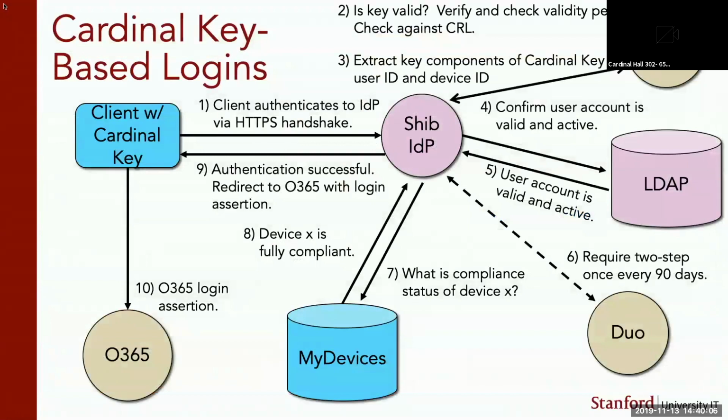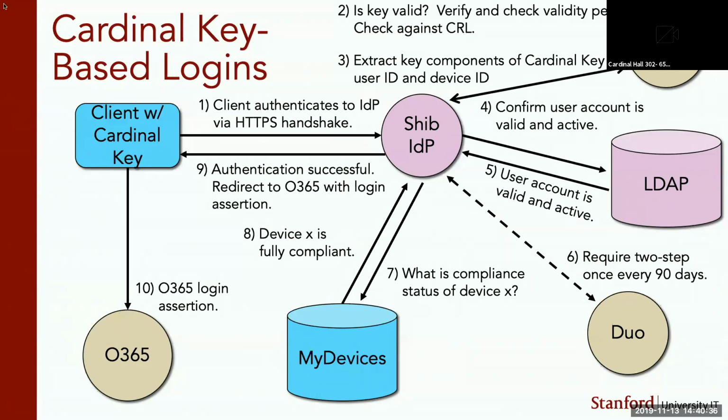So this is the diagram of all the major components of using Cardinal key for a SAML login to O365. Beginning over on the left, you have a client with a Cardinal key on it. You do the handshake with the IdP, and in that process, your certificate is validated. You want to check it against a revocation list.